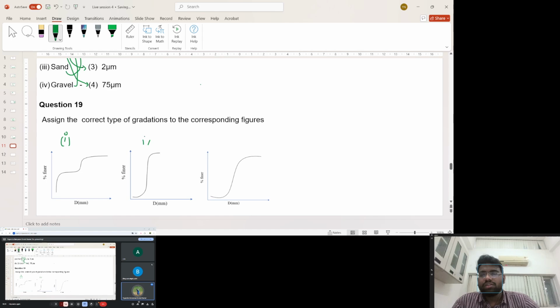What about the second figure? Gap graded, sir. Third figure? First one is gap graded soils.